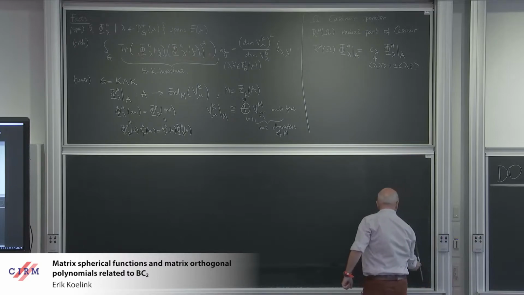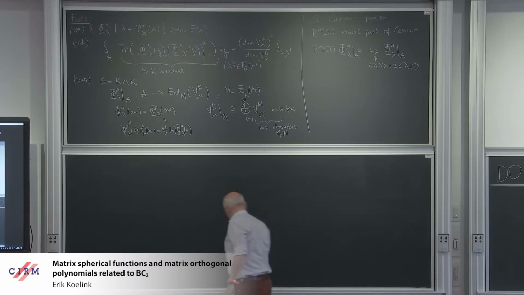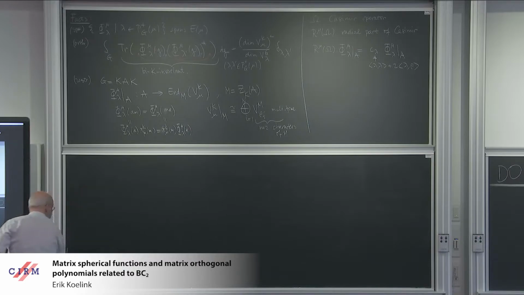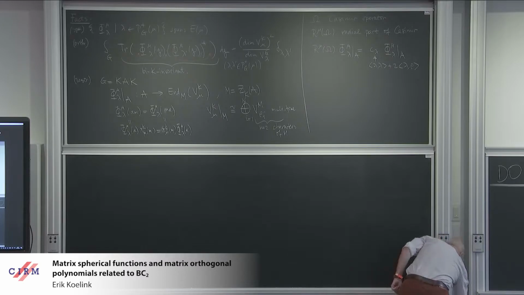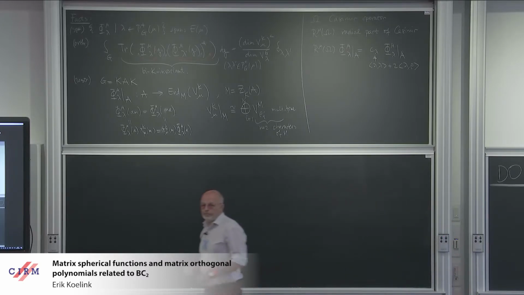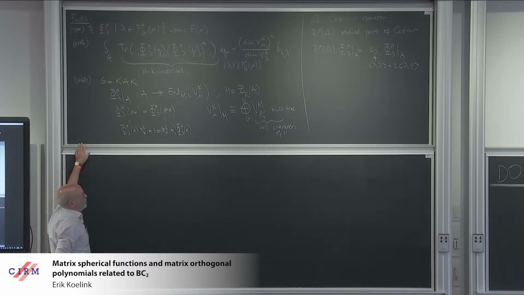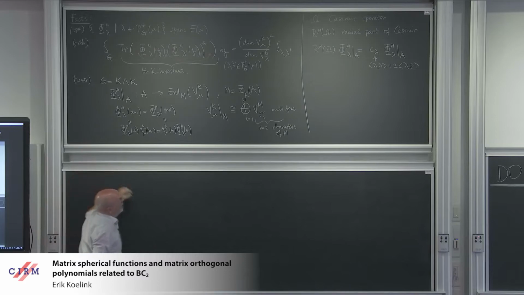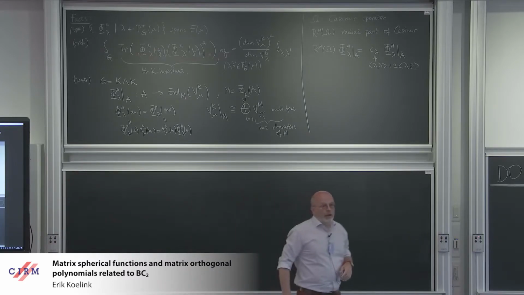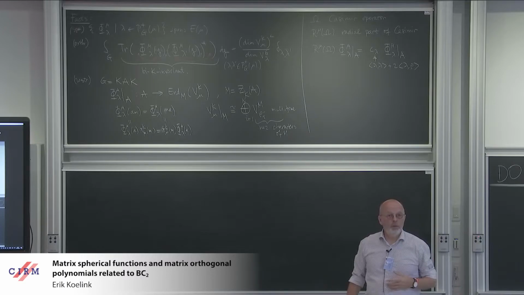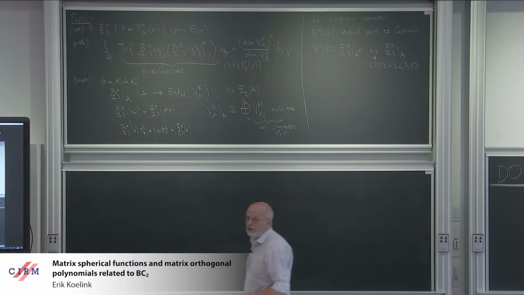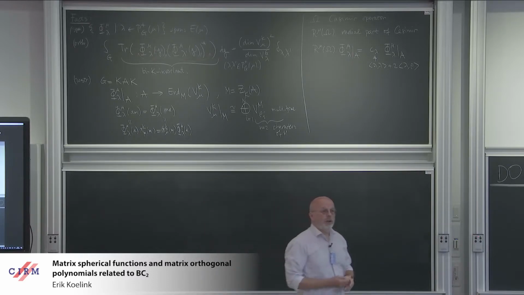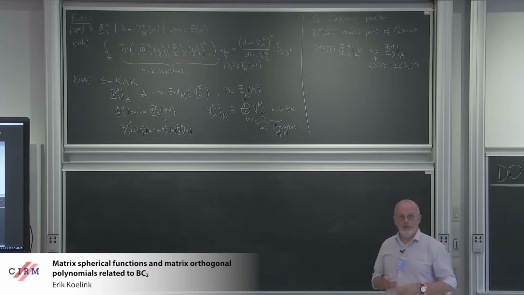So if you look at the case mu equals 0, the trivial case, then this would be a special case of Heckman-Opdam for the case BC2 in our example, for the parameters that correspond to the dimension of the root spaces. And you probably also know that Koornwinder preceded Heckman-Opdam in the 70s with two rank 2 cases that he worked out. Well, actually he worked out more cases, but especially the A2 and also the BC2 case.